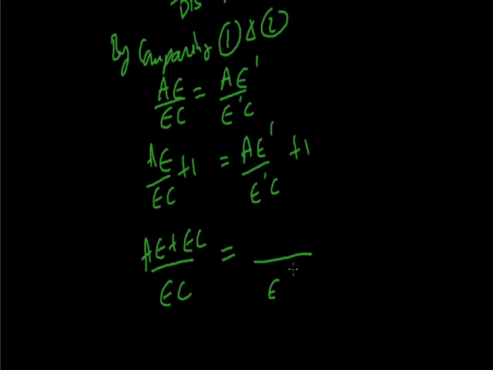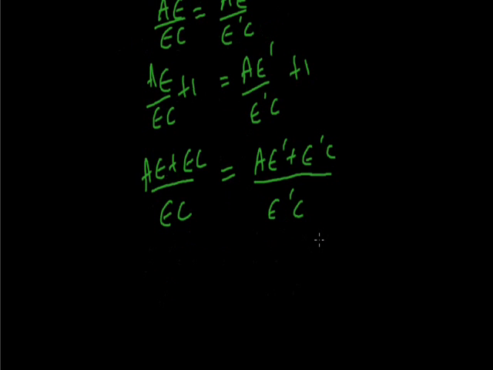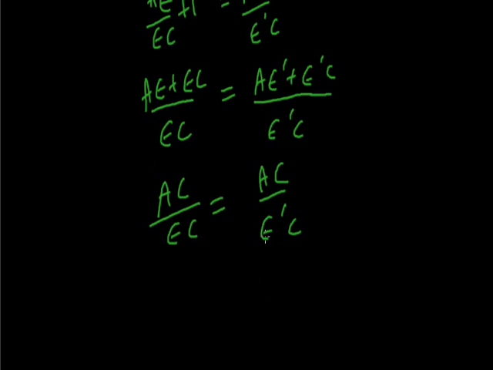Here E dash C is the LCM, and in the numerator we get AE dash plus E dash C. By the figure, AE plus EC is nothing but AC, and AE dash plus E dash C is also AC. So we get AC upon EC equals AC upon E dash C. AC and AC get cancelled. We get EC equal to E dash C.